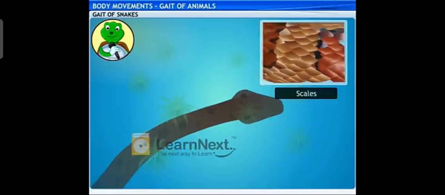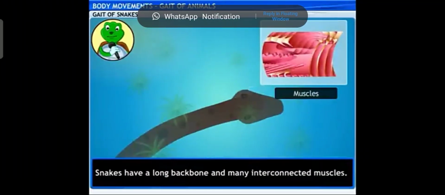This motion is helped by scales. There are scales present on the skin of the snake so that it can move very easily. Another specialty is that snakes have a long backbone and many interconnected muscles.